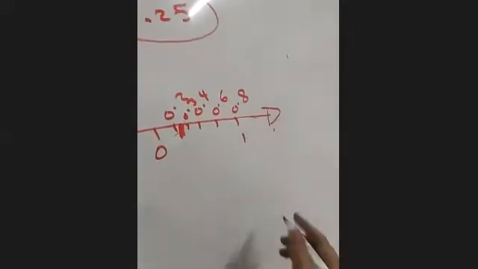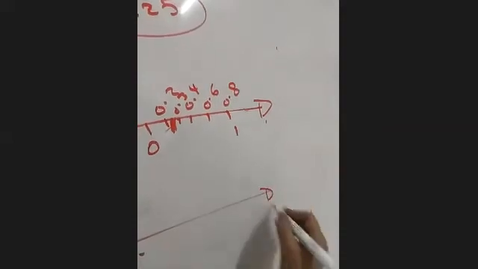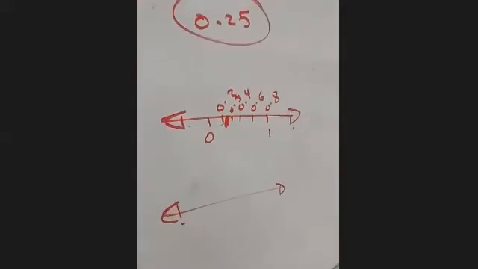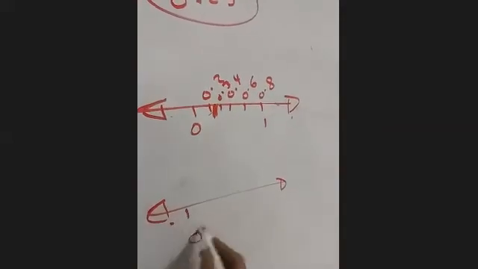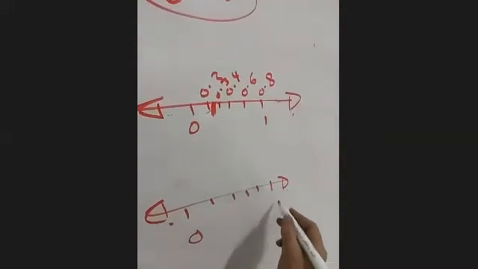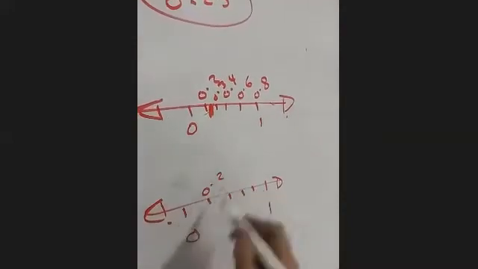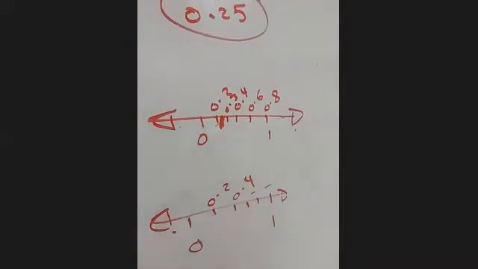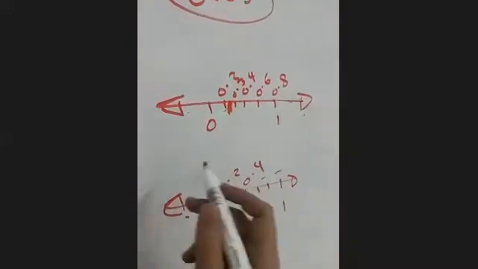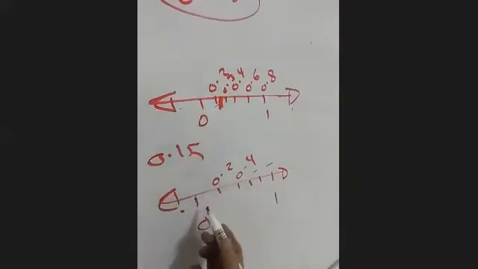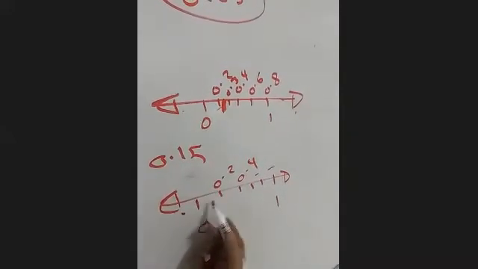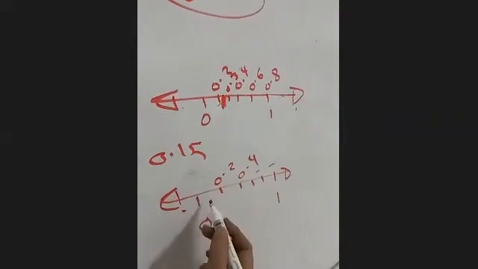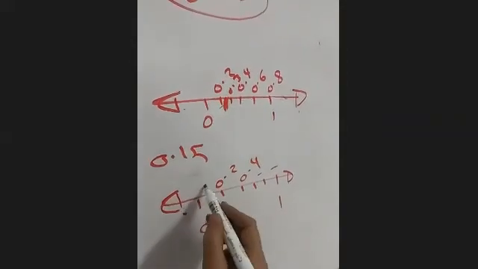Now, in the second question, you have 0.15. Look, 0, 1, 2, 3, 4, 1. This is 0.2, 0.4, 0.6, 0.8. Where is the 0.15? What's between 0 and 0.2? 0.1. Excellent, we have 0.1.